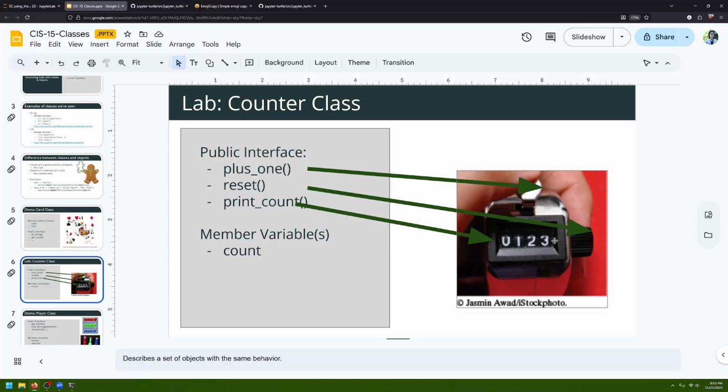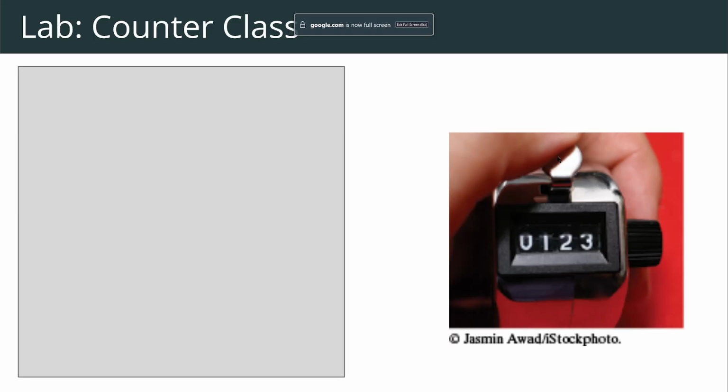If you've ever played around with this tally, basically there's a couple buttons. This button on top will increment. So if you press it, it's going to increase the number. And then there's a reset button. It's not really a button, it's like a knob, but you can think of it as a button. And if you press this button, it's going to reset everything to 0.